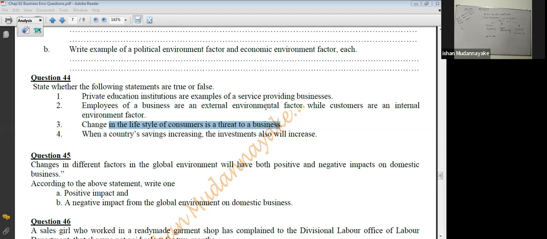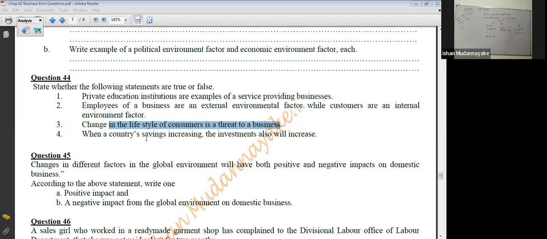But here we will take this as false, because according to your textbook this sentence can be seen under opportunities.